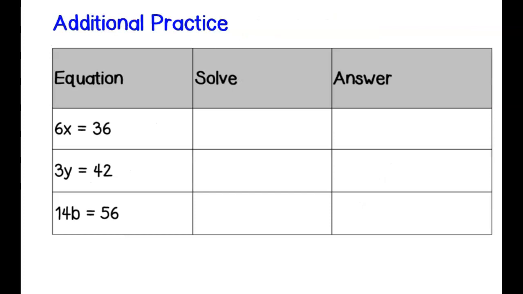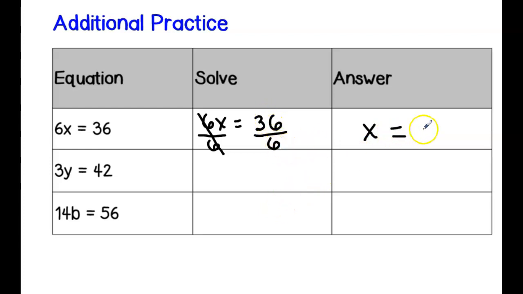In the next set of questions, we would do the exact same thing. So we end up with 6x equals 36 is our equation. That equal sign is our separation. We're going to divide by 6 on both sides, leaving x by itself on one side of the variable.